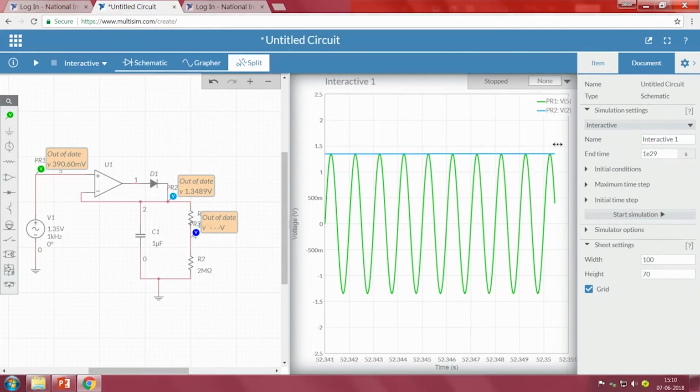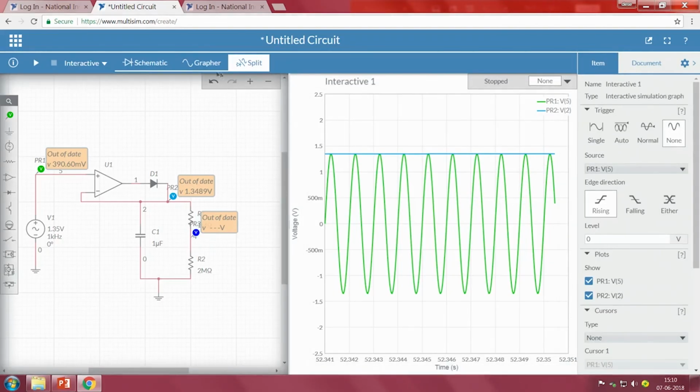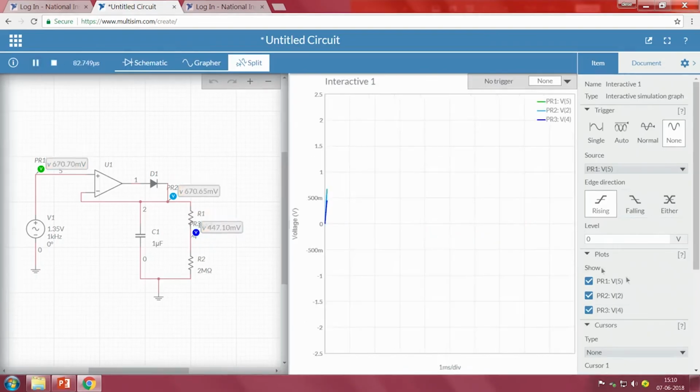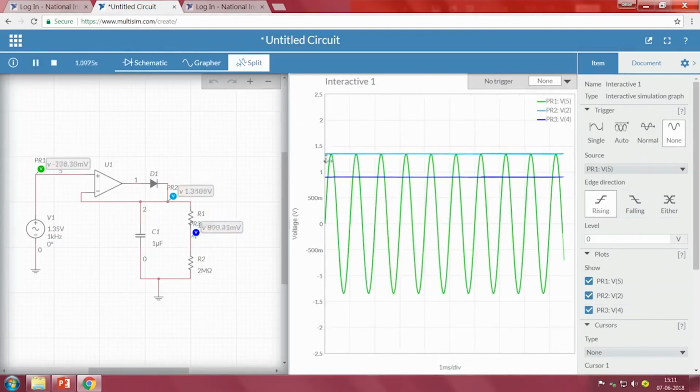Let me run, and even if it is there, no problem for us. This indicates our output voltage at this particular point, and the violet color indicates the threshold, that means the output voltage at the junction or node point of both the resistors, 1 mega and 2 mega.